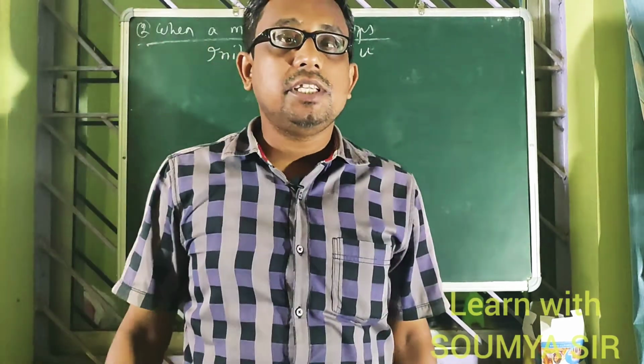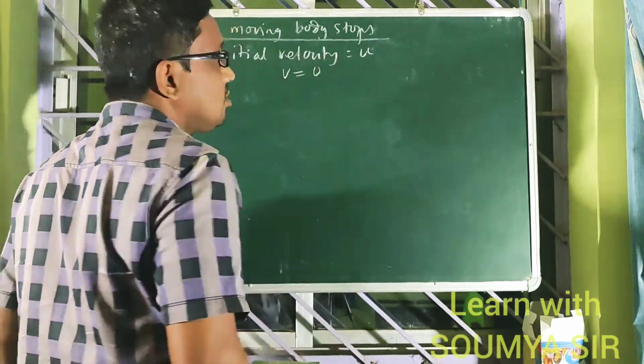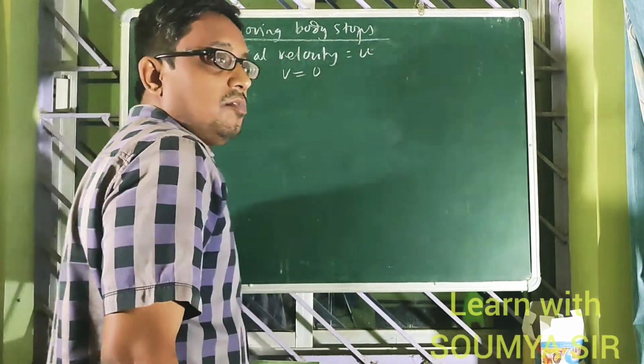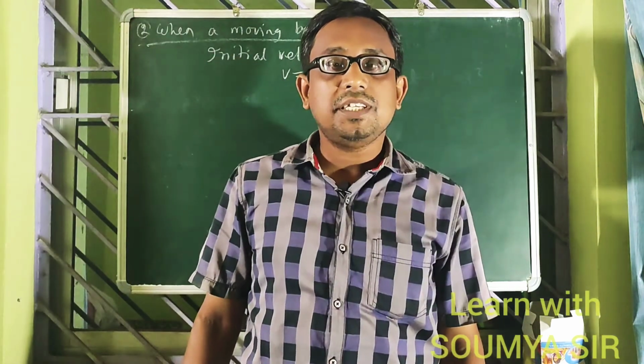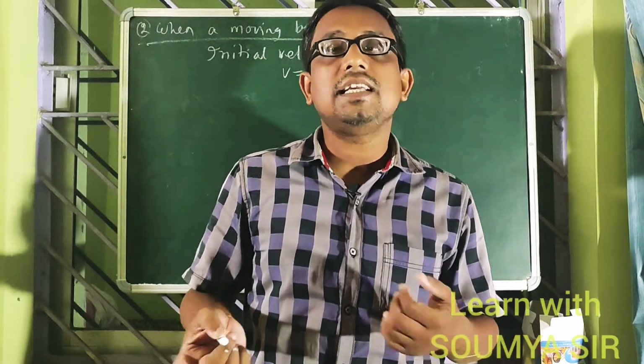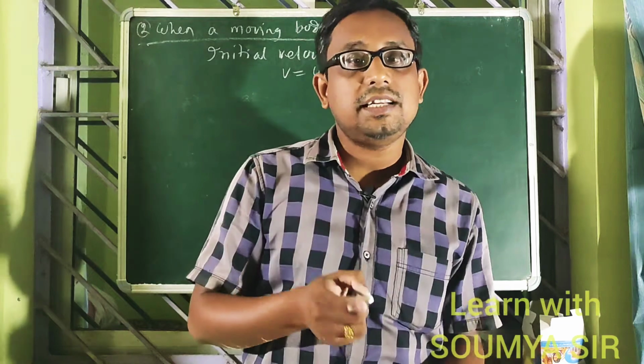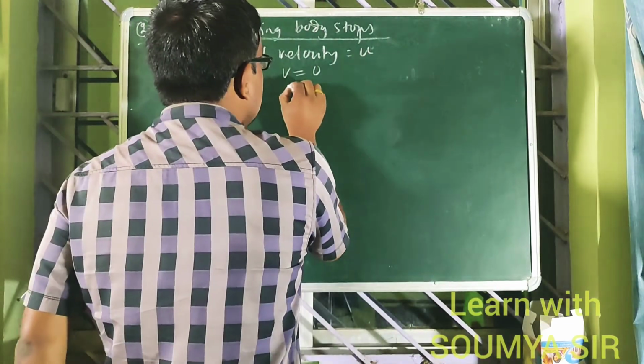There will be some initial velocity of the body. Final velocity v will be 0 because the body is stopping. And when the body stops, there is a decrease in velocity, which means acceleration will be negative. So here a will be minus a.